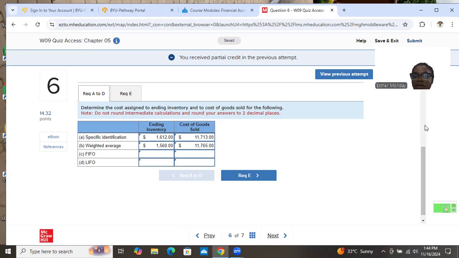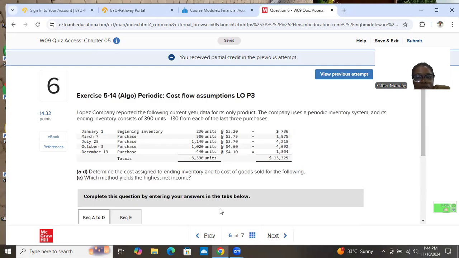Now we are coming back to FIFO. To find the ending inventory for FIFO, we'll first of all calculate the cost of goods sold. Since it is first in, first out, you first calculate the first in and first out, which is 330. Remember, the total cost of goods sold units is 2,940.